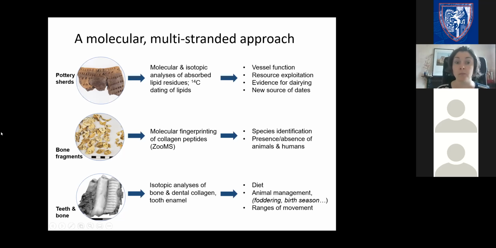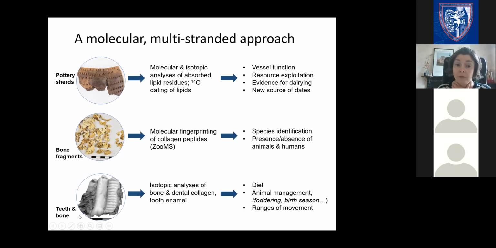Previously, a lot of those bone fragments could only be described as burnt or unburnt and bagged up and left in the archives that way. So we're tapping into the information in the collagen that's still in that bone to potentially identify species. And I'll show you how we're doing that in a second.